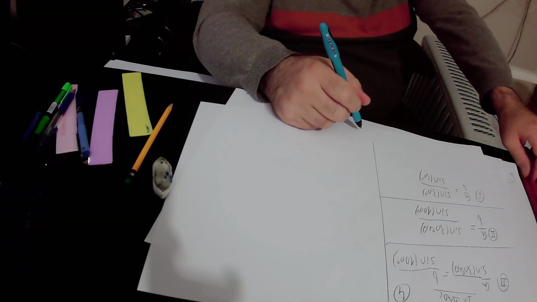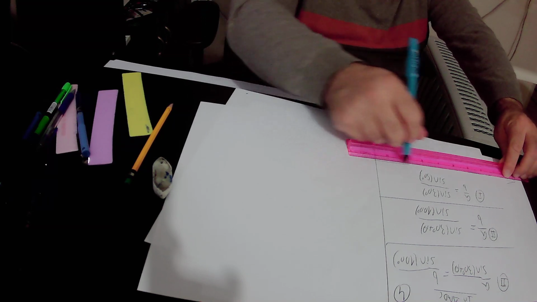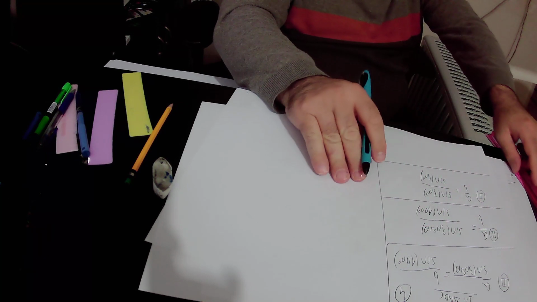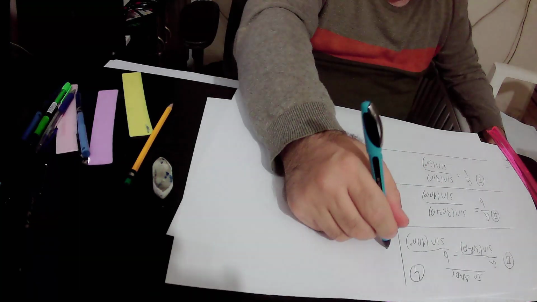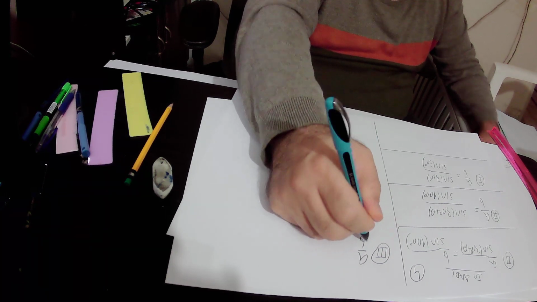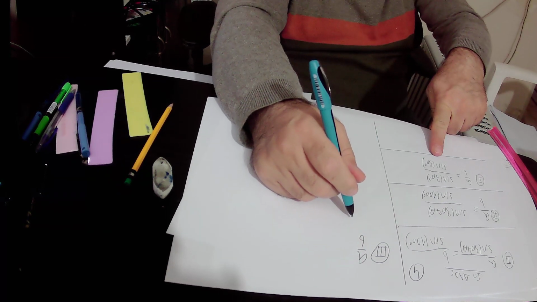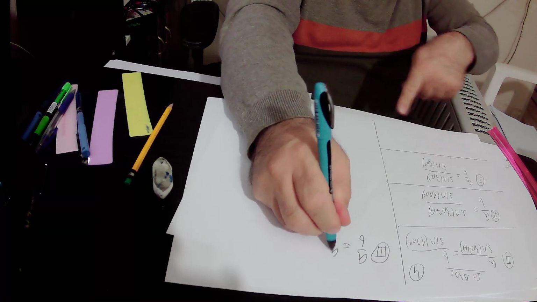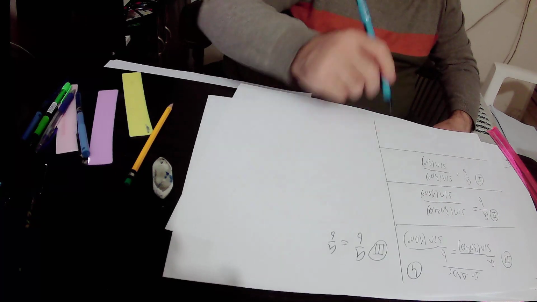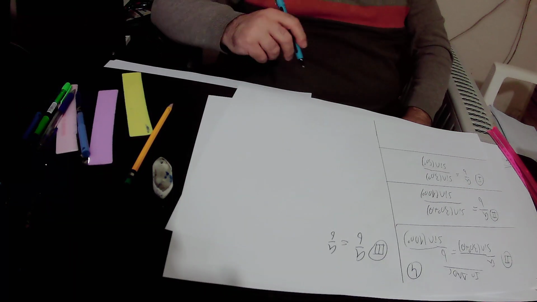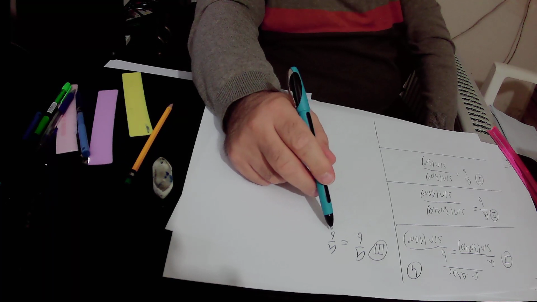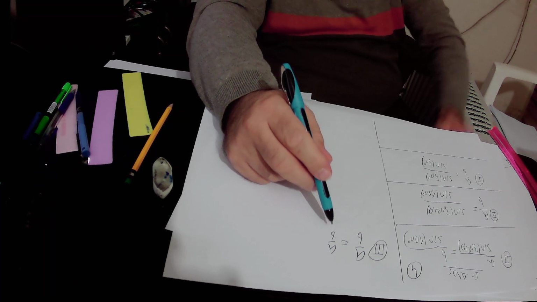So here we will create equation number 3 that states A over B according to equation number 1 must be equal to A over B according to equation number 2. Okay?